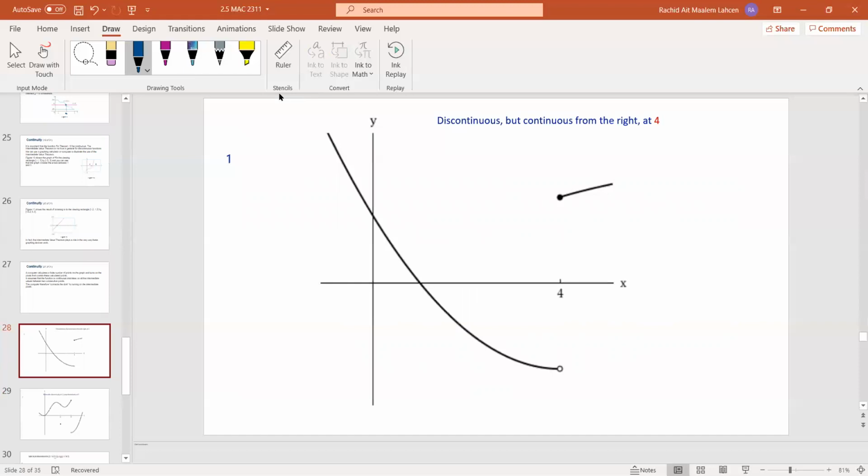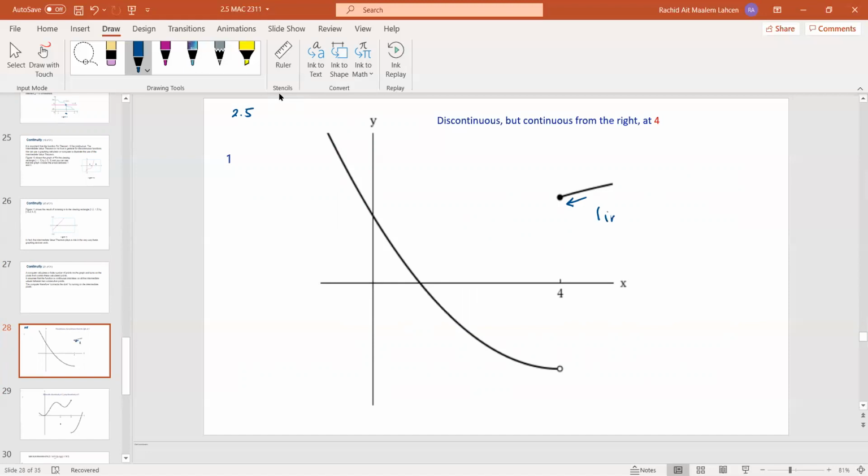And this is from, of course, 2.5. So we need discontinuous, but continuous from the right at 4. Discontinuous at 4 means, for example, this graph is discontinuous at 4, but it is continuous from the right of 4, which means it's defined.